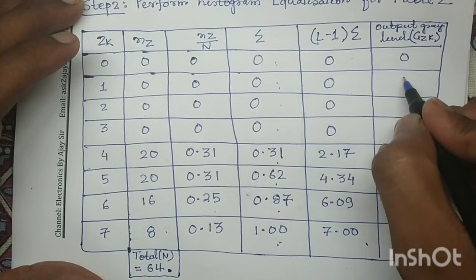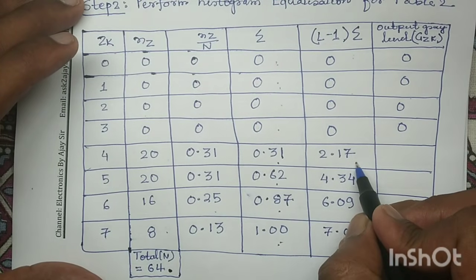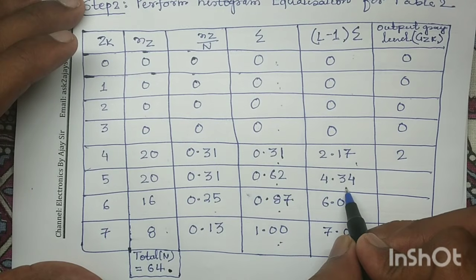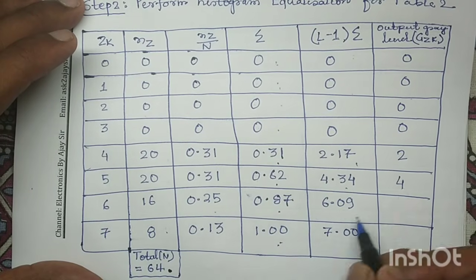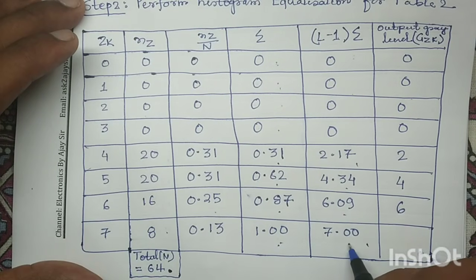So for 0 it is 0, 0, 0, 0. For 2.17 the nearest integer number is 2. For 4.34 the nearest integer number is 4. For 6.09 the nearest integer number is 6, and for 7.00 the nearest integer number is 7.